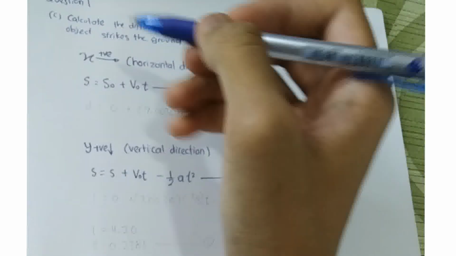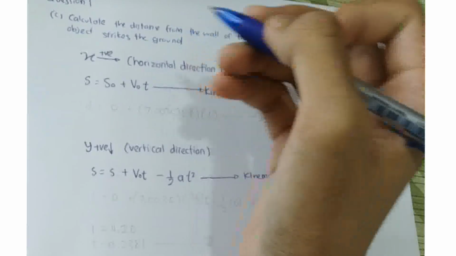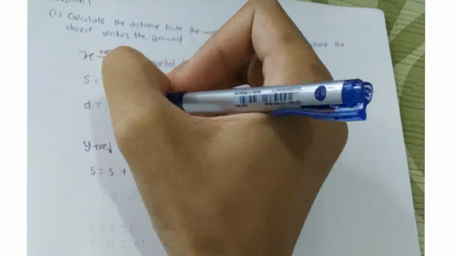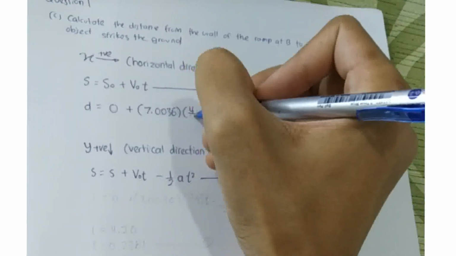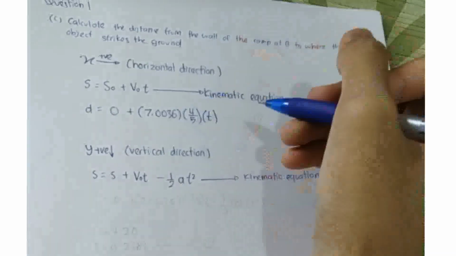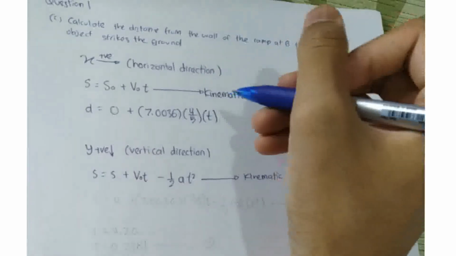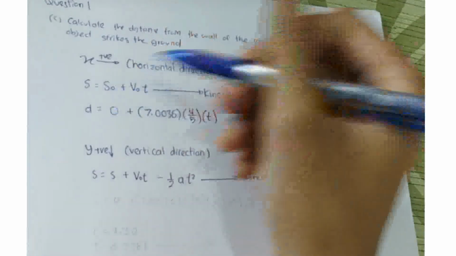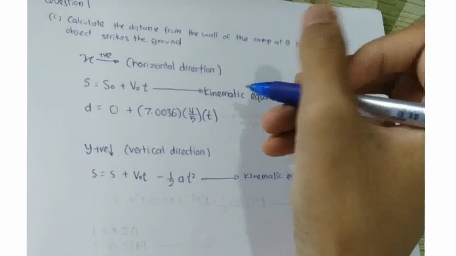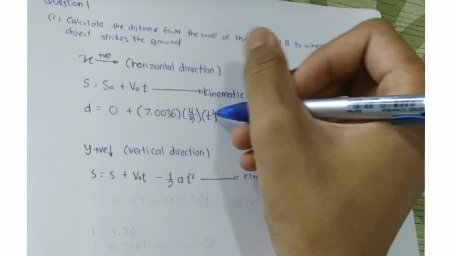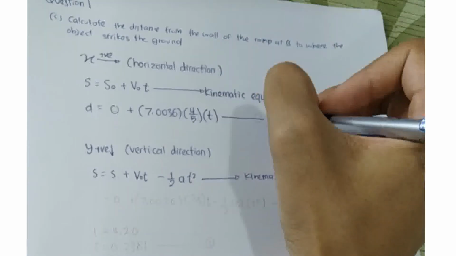Next, we put all the input given to the equation. So we got two unknowns, which are D and T. So we conclude that this is the first equation.